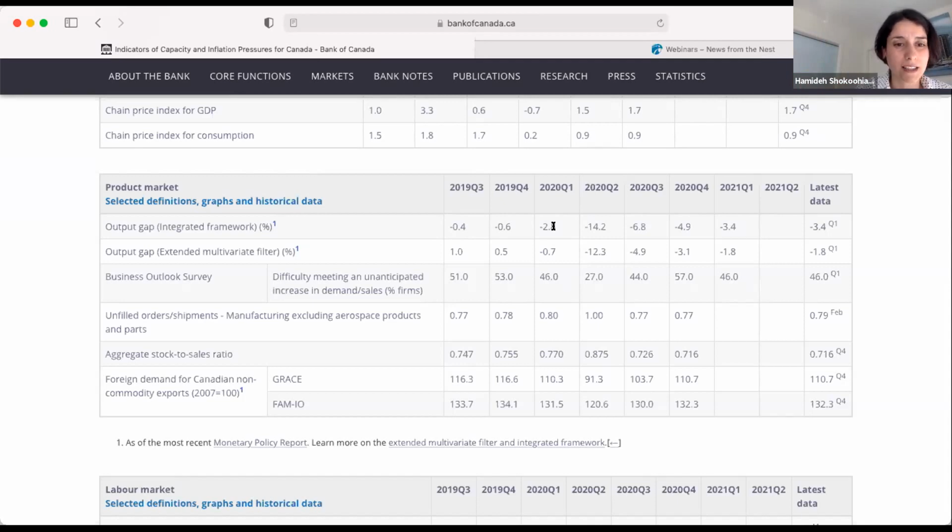And then I ask them, now, what do you expect about the rate of inflation? Because they already read something in the output gap document that told them that whenever there is negative output gap, there is probably the inflation rate goes beyond 2%.